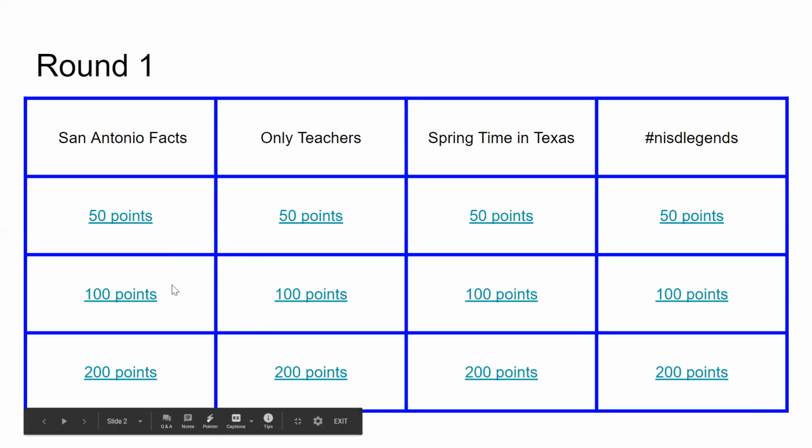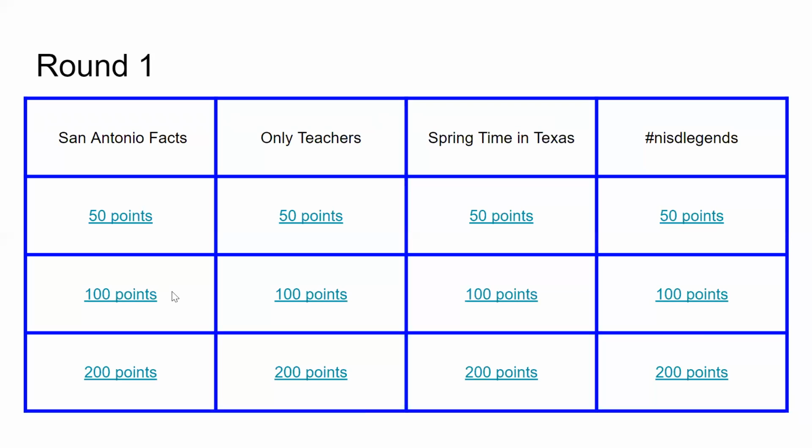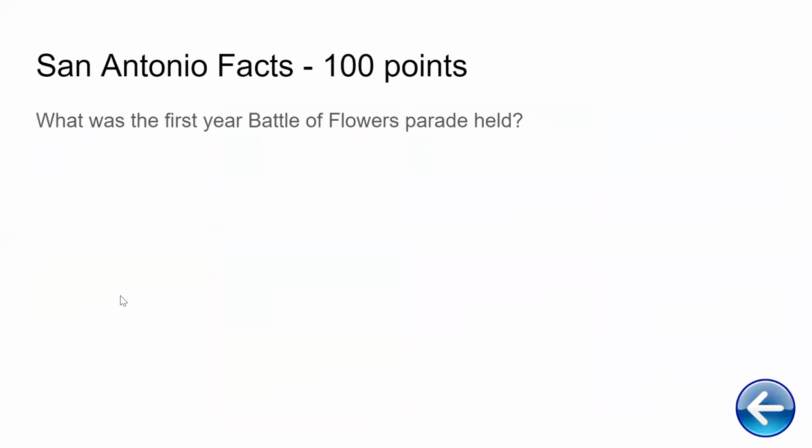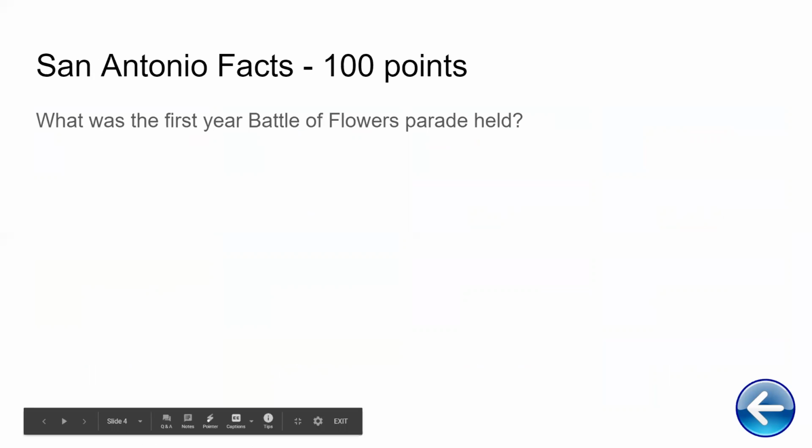It's going to take me back to my main board. And then Carol, would you like San Antonio facts for 100 or 200? 100. All right, we're going to click it. What was the first year the Battle of Flowers parade was held? And again, you guys can unmute yourselves, or if you want to just drop it in the chat, you can do that too.